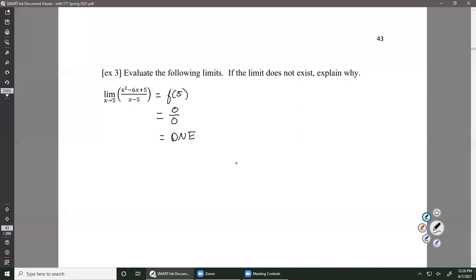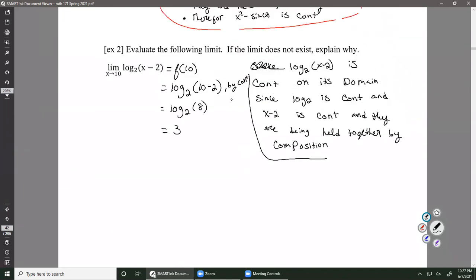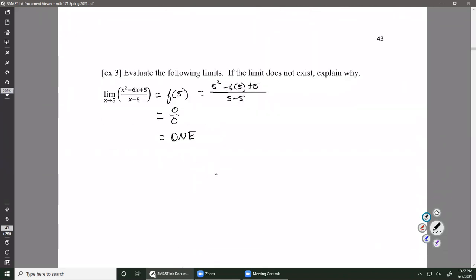But I forgot a step: 5 squared minus 6 times 5 plus 5 over 5 minus 5. What did we assume when I plugged that 5 in? What assumption did we make before? How about this? Why was I allowed to plug the 2 or the 10 into the top problem? It was continuous on that domain.